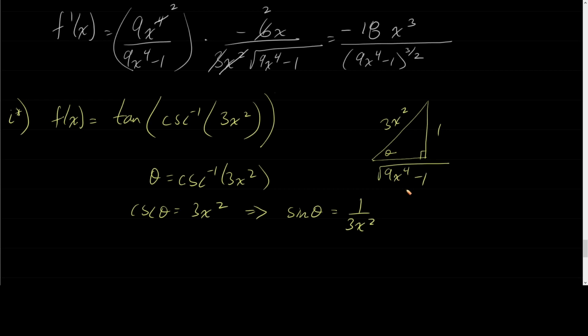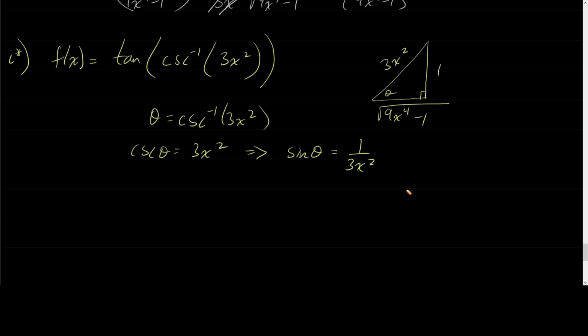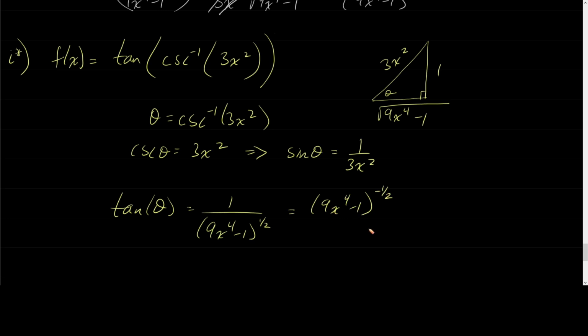Now tangent of that. Tangent is opposite over adjacent. So tangent of that theta, opposite over adjacent, so 1 over, and I'll write this as 9x to the 4th minus 1 to the 1/2, which I'll rewrite here as 9x to the 4th minus 1 to the negative 1/2.